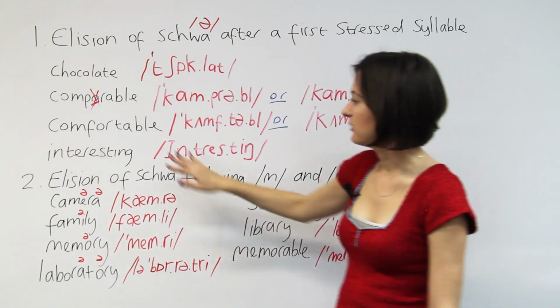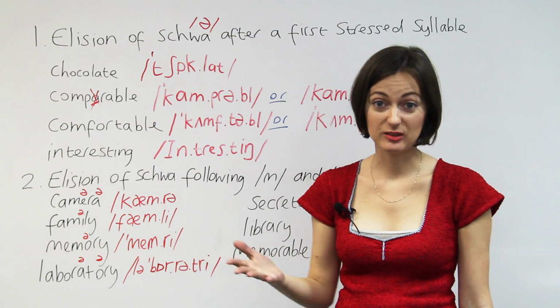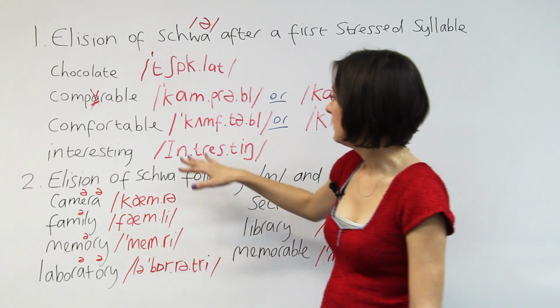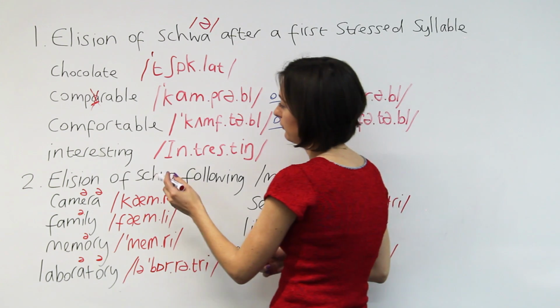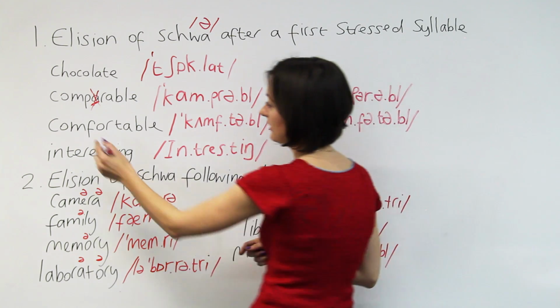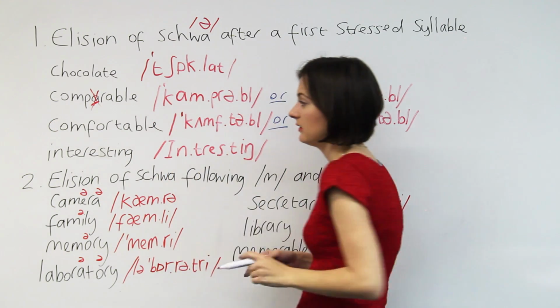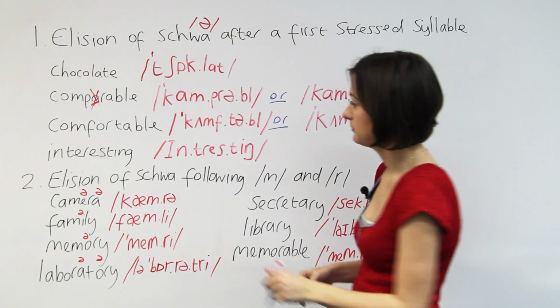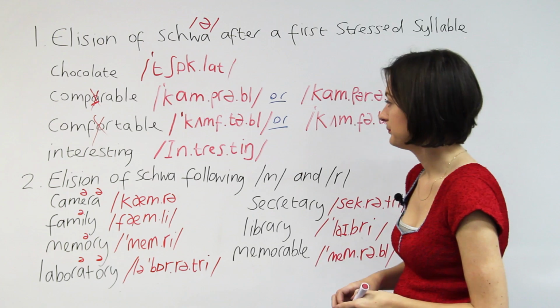Looking next at this word, comfortable, but again, you do hear it sometimes. We get the same rule happening, elision of the vowel after the first stress. And the stress was here at the beginning of the word. So that means the next vowel undergoes elision.